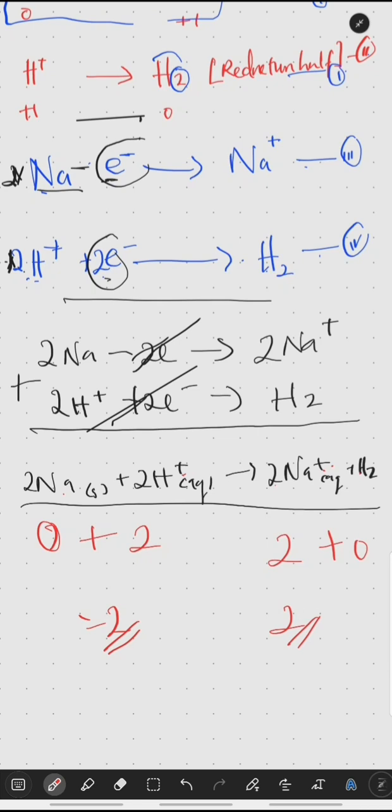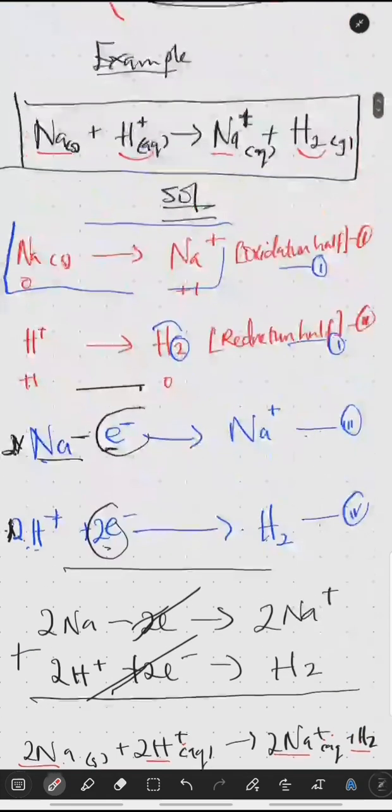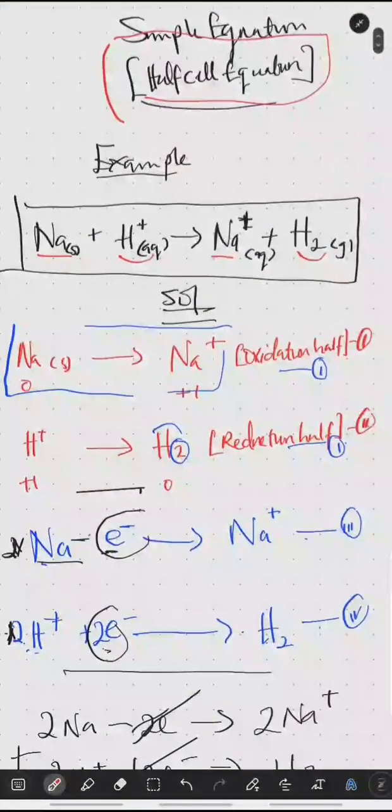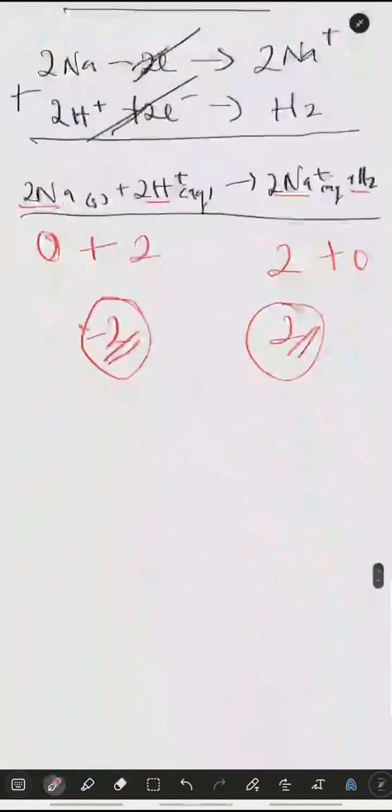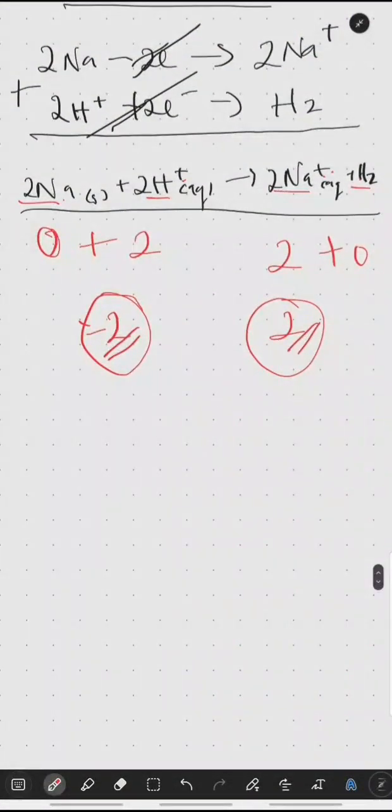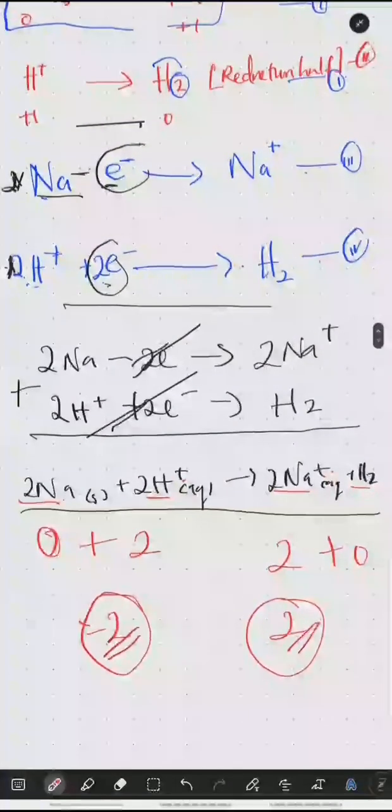So this is what we call redox reaction. Redox reaction balances the ions, and it balances stoichiometrically. If you look at it, 2 of sodium, 2 of sodium, 2 of hydrogen, 2 of hydrogen. So unlike the first one, which only balances the stoichiometry or the mole, but does not balance the ion, redox must be able to account for both stoichiometry and charge.